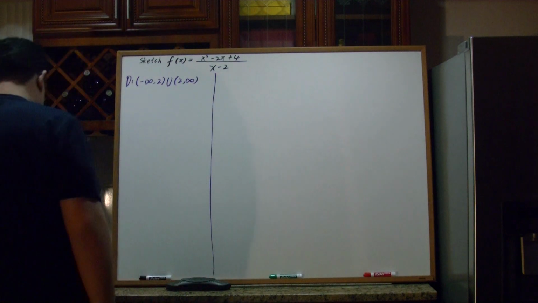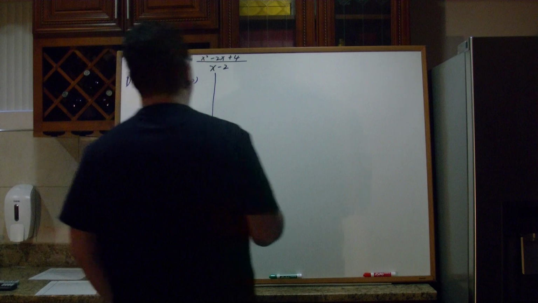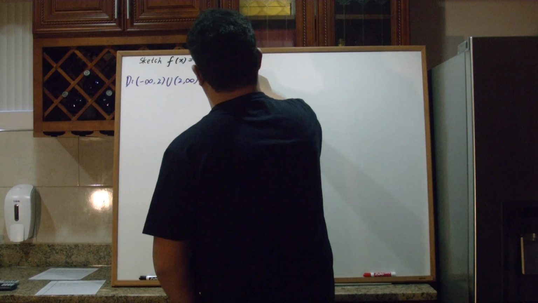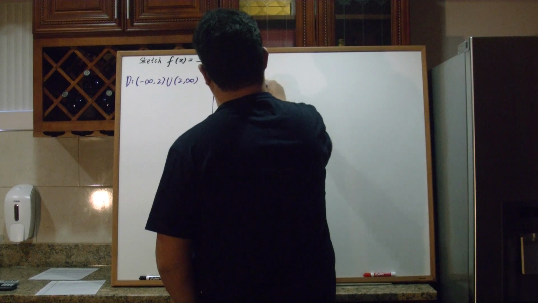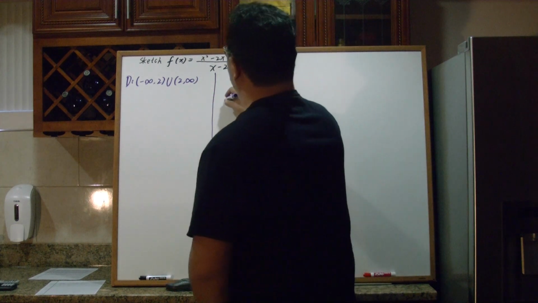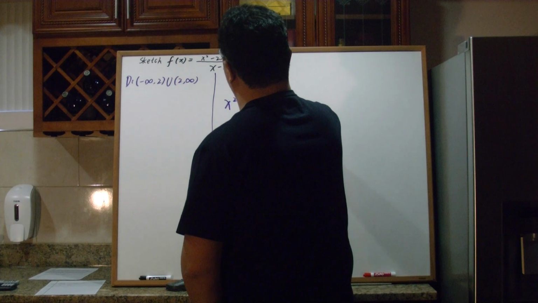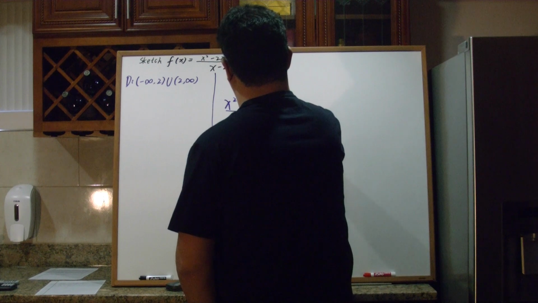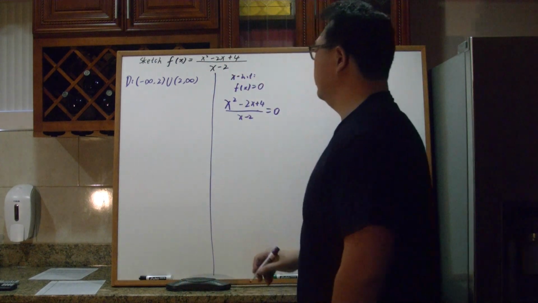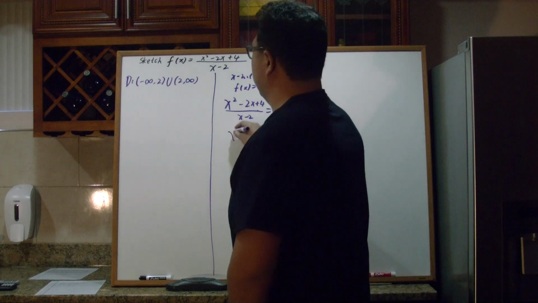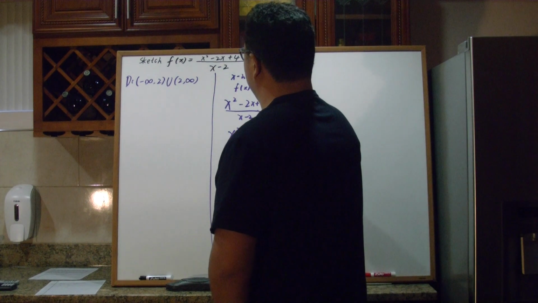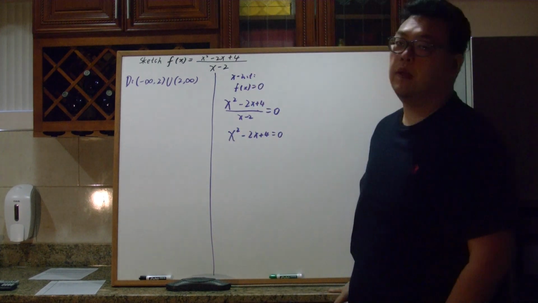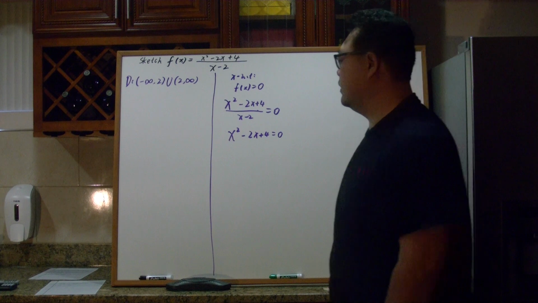The next thing after the domain will be the x and y intercepts. For the x-intercept, let f of x equal 0. If we write the full step, we let the whole thing equal 0. Since it is a rational function, the numerator needs to be 0. But we see that this one cannot be factored.